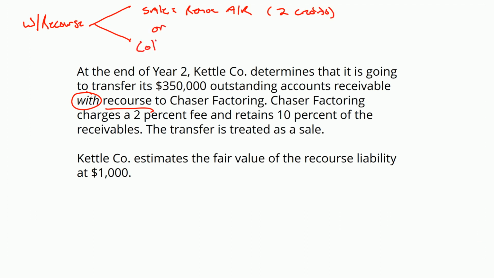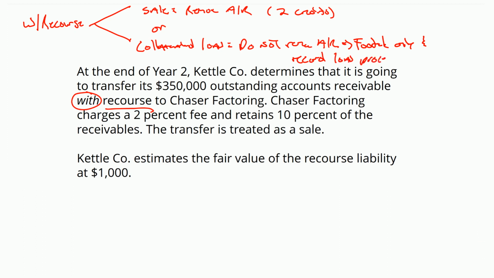Or it could be treated as a collateralized loan, okay, in which case we do not remove the account receivable from the balance sheet, footnote only. Okay, we record the loan proceeds like we did earlier. We do not remove the accounts receivable, we just record our cash, our financing charge, and then our note payable like we did earlier.